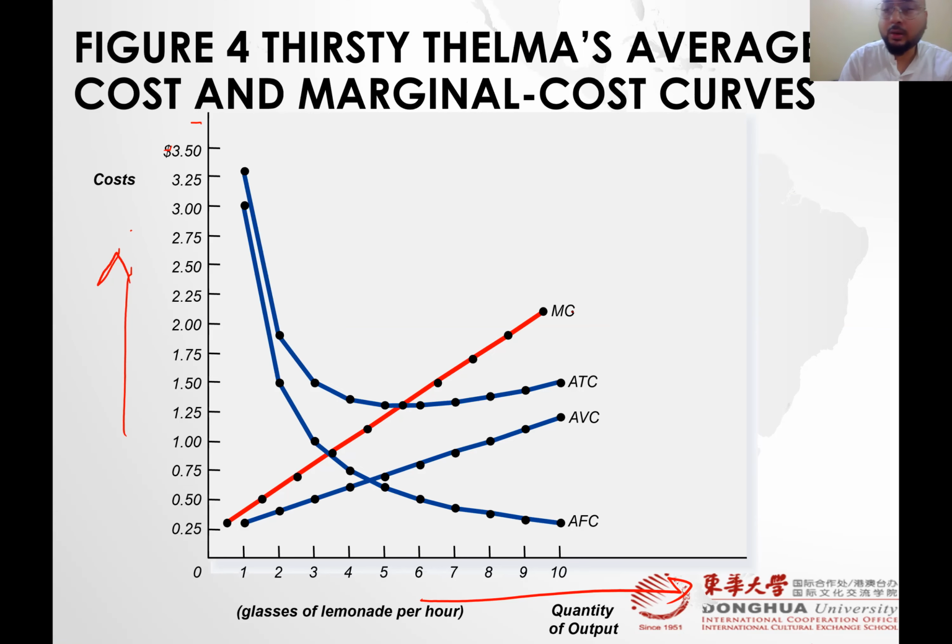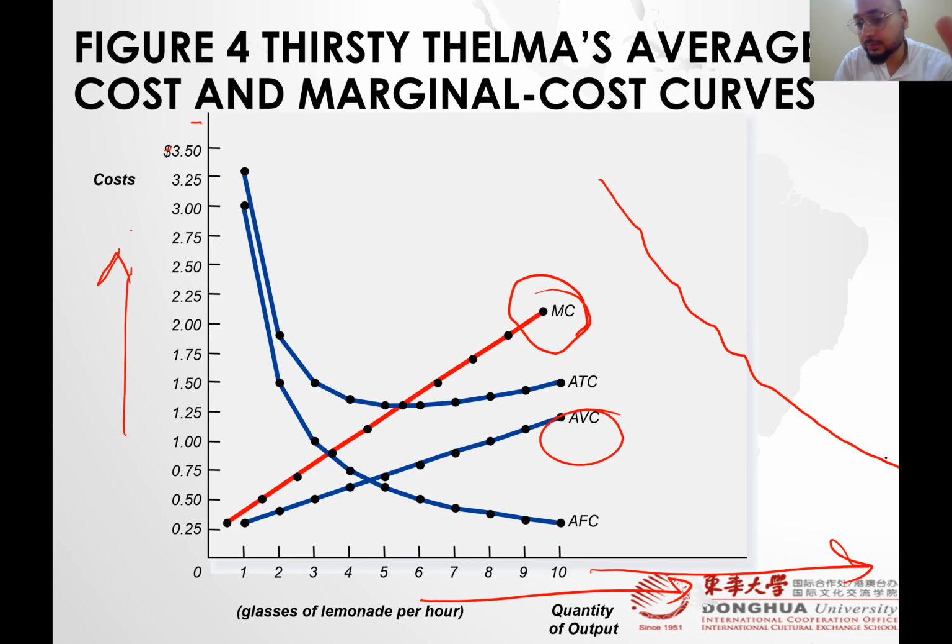So there are two costs that are increasing from the start: marginal cost and average variable cost. And the behavior of the fixed cost is that it's always decreasing. When output increases, it starts decreasing, but never touches the x-axis here.